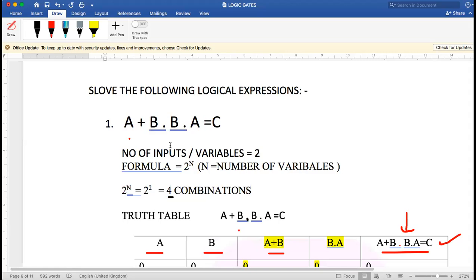Can you tell me? A and B, there are 2 variables, right? No, there are 4 variables. No, but they're basically 2 variables, I think. So you are saying that once we repeat, we will not recount? I think so. Very good. So we have 2 variables.